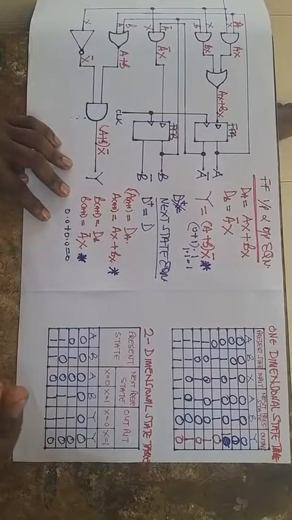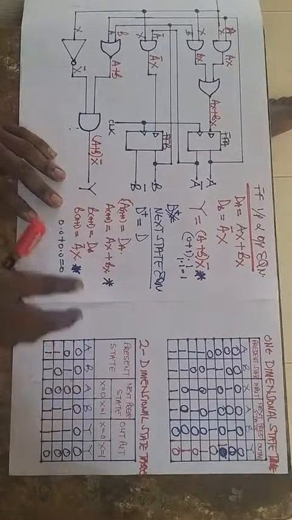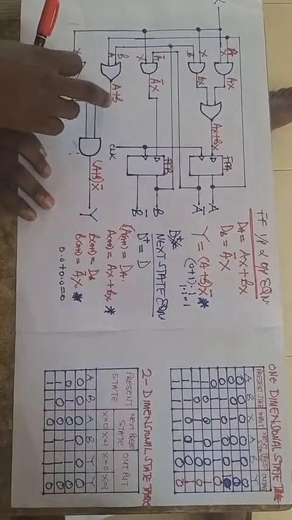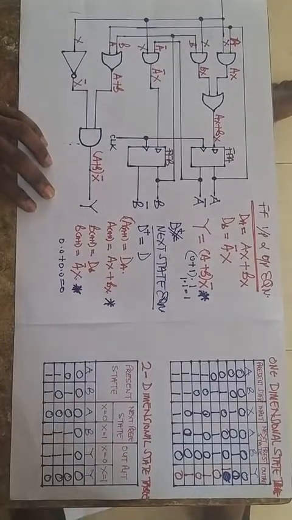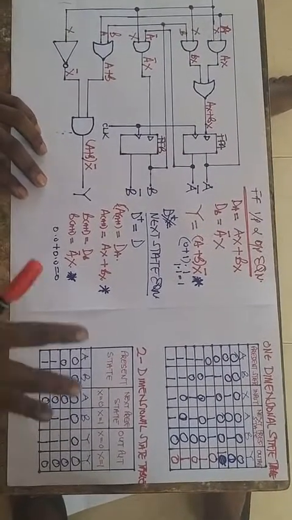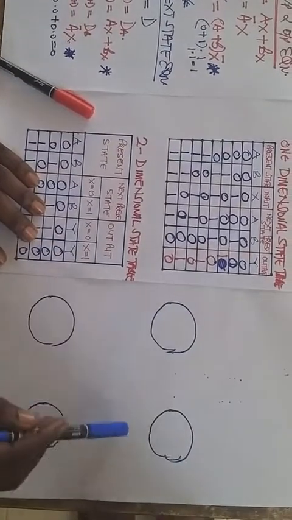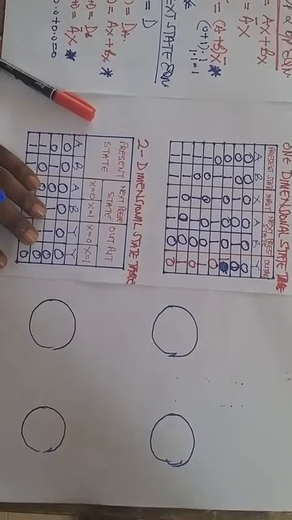So after the state table, the next thing we do in analyzing the behavior of the circuit given to us is to draw the state diagram. Okay, so we are drawing our state diagram.